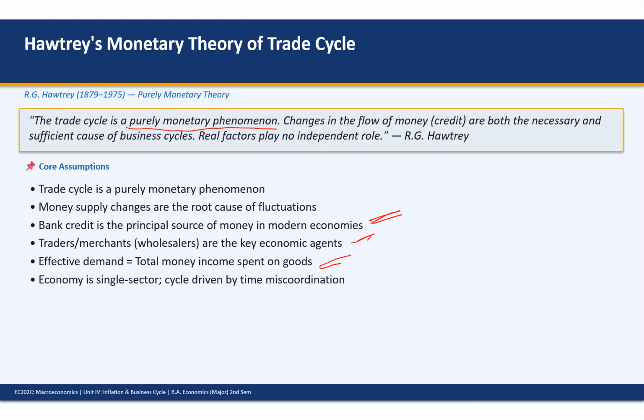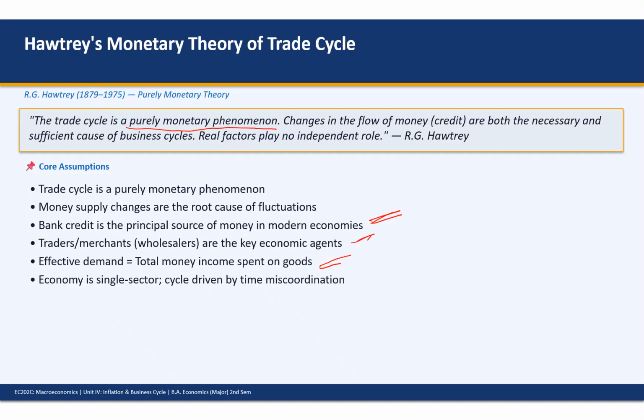As orders fall, producers reduce output and employment. Income and demand decline, prices fall, profits disappear, and pessimism spreads throughout the economy. In severe depression, Hawtrey said that the economy may reach a credit deadlock where even very low interest rates do not revive borrowing.